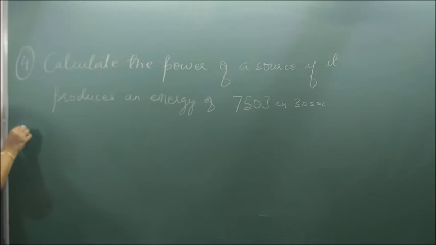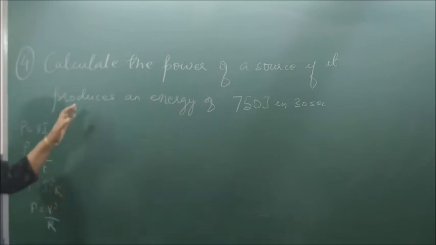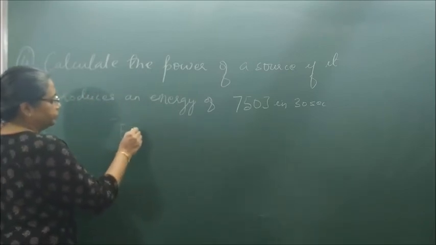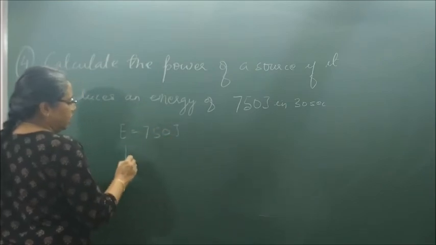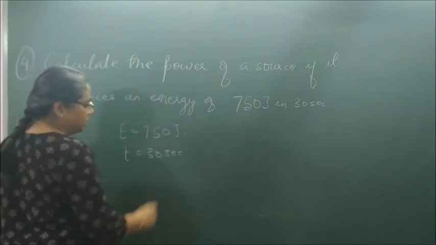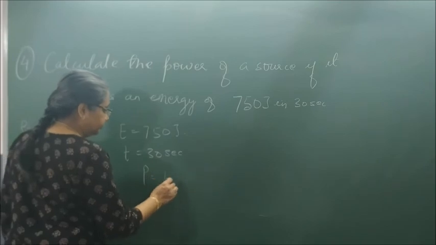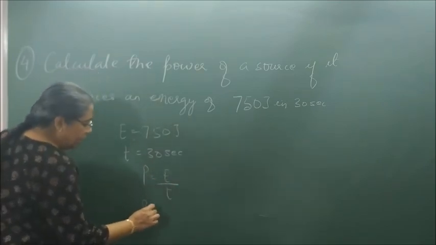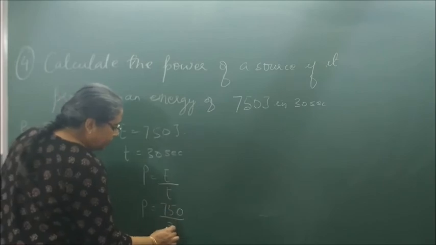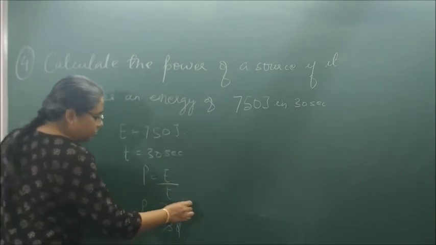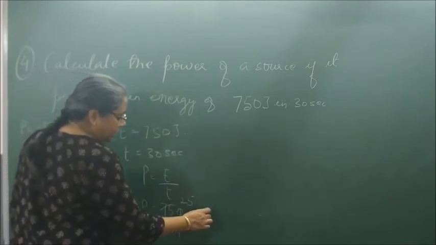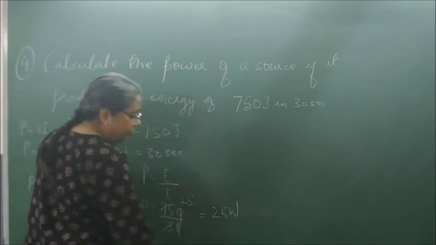So again we will write P is equal to VI, P is equal to E by T, P is equal to I square R and P is equal to V square by R. What is given? Energy 750 joules. Time 30 seconds. Which formula to use? E by T. P is equal to E by T. So P is equal to 750 by 30. Cancel it. 3 2s are 6. 3 5s are 15. Answer is 25 watts.